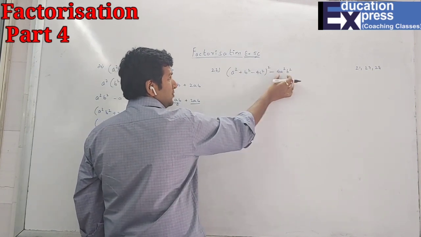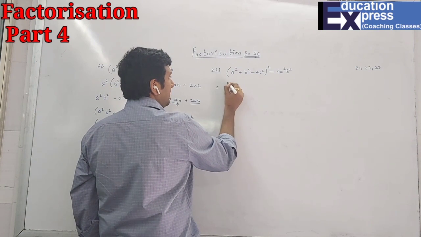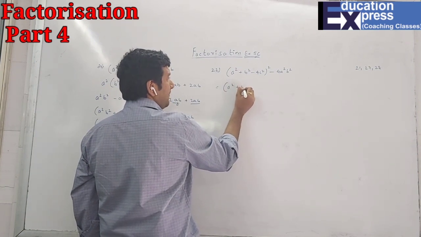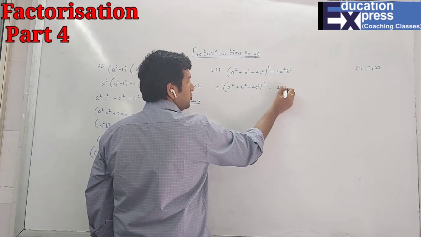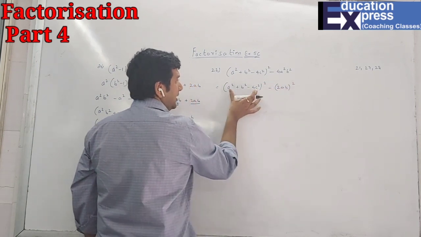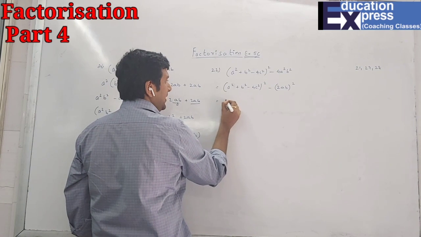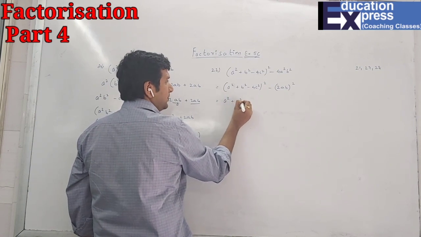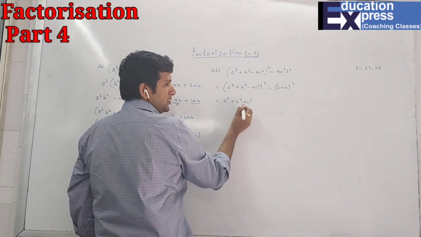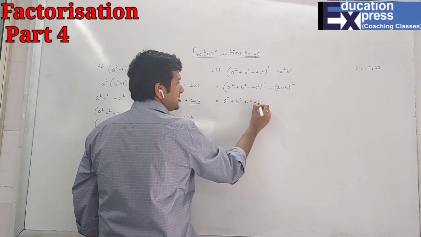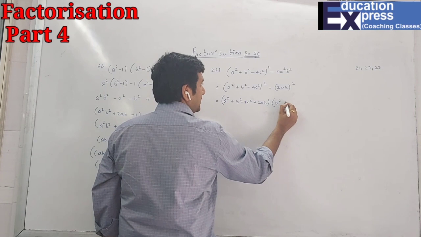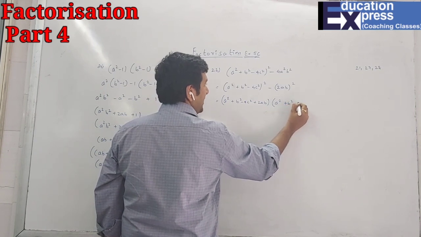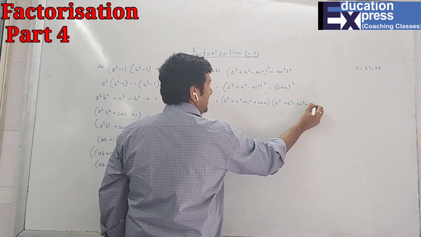This becomes your a, and this becomes your b. So a square b square minus 4c square whole square, and this is 2ab whole square. a square minus b square. So what is a? a square b square minus 4c square, that is a plus 2ab, and a square plus b square minus 4c square minus 2ab.